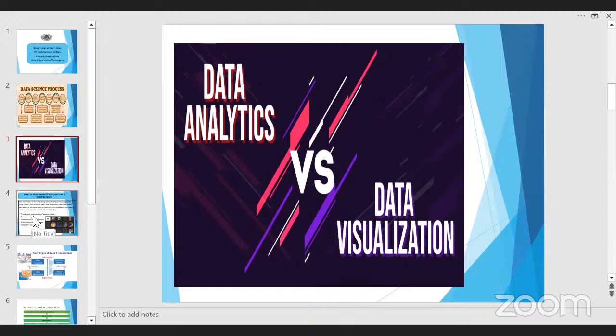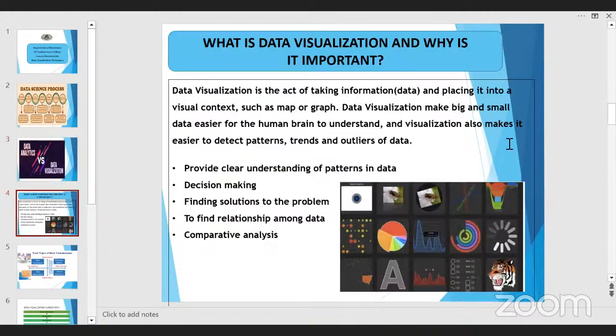So coming to what it is that we would be teaching, this particular slide shows why data visualization is important. As I mentioned before, with a pool of data that we have, we can extract meaningful information. So data visualization helps.